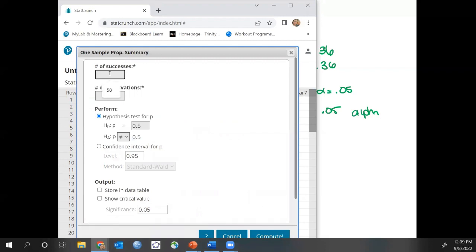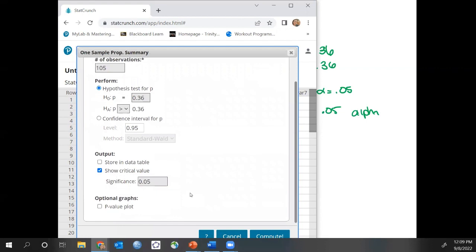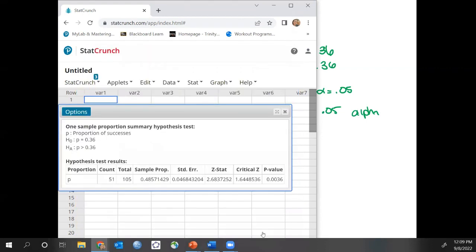We had 51 out of 105, and the status quo is 0.36, and we want to know if it's bigger than 0.36. I click to show those and click compute.